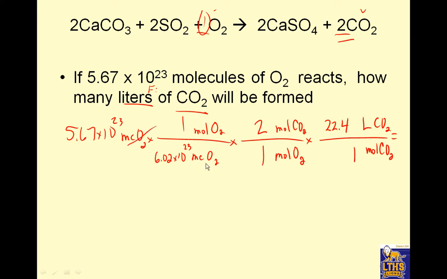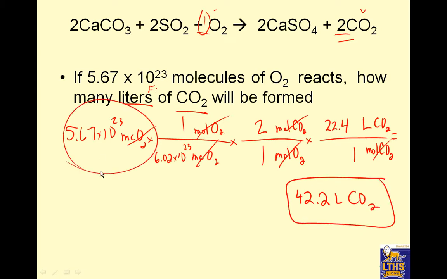So molecules of oxygen cancel, moles of oxygen cancel, moles of carbon dioxide cancel, and you plug it in. 5.67 E 23 divided by 6.02 E 23 times 2 times 22.4. I get 42.2 liters of carbon dioxide can form in that reaction. So if this many molecules goes in, that many liters should come out.